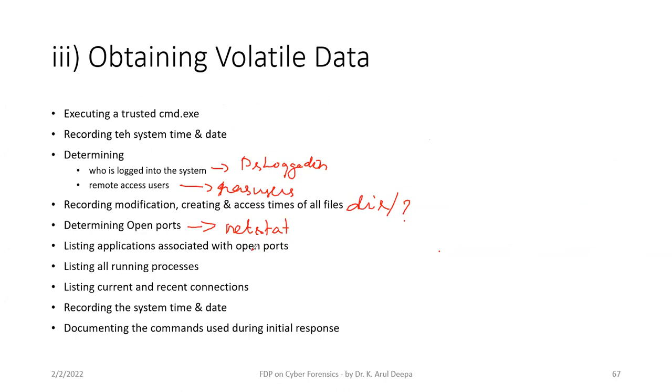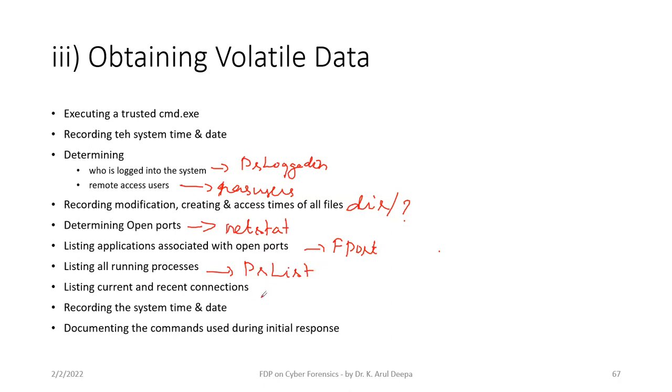Then listing applications associated with the open ports. For that, you can make use of fport. Fport will list all the applications associated with the ports that are currently open. And all the running process information can be collected from pslist.